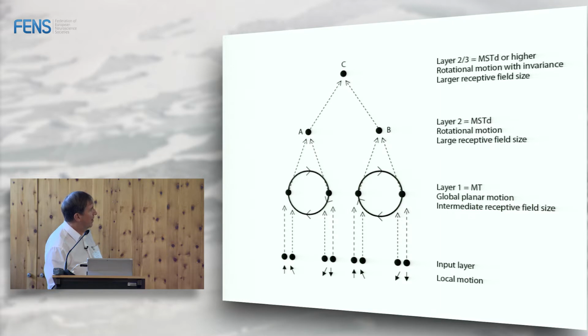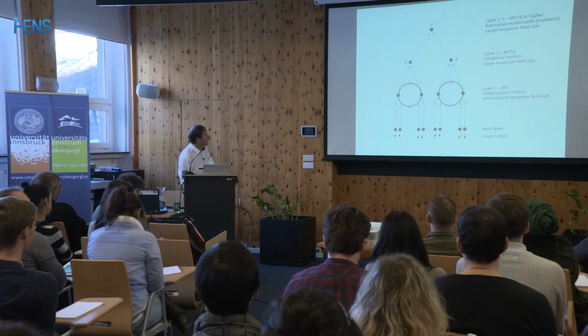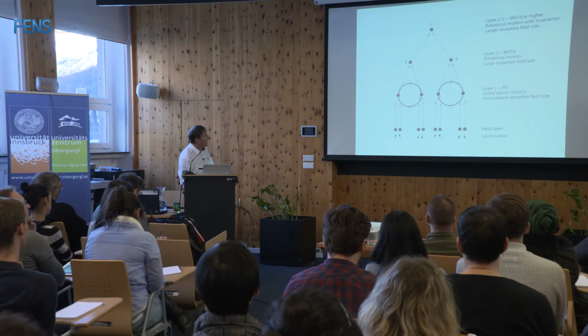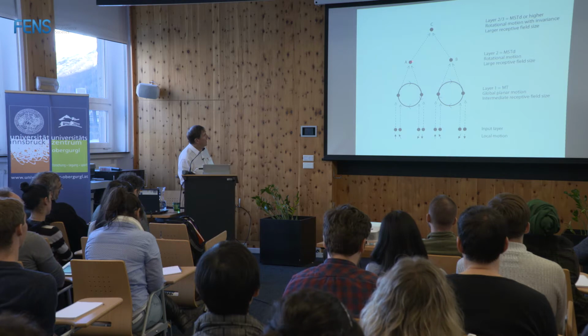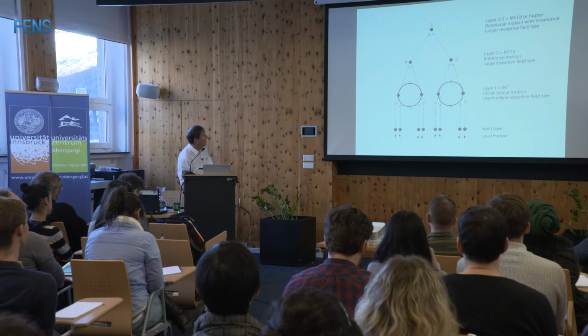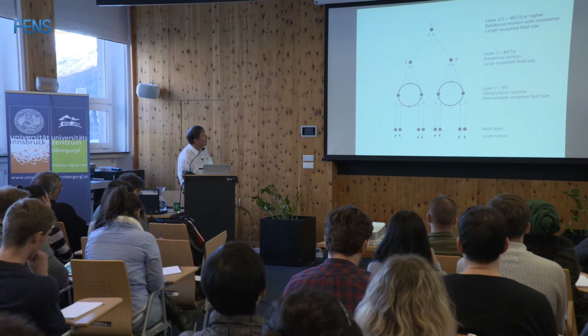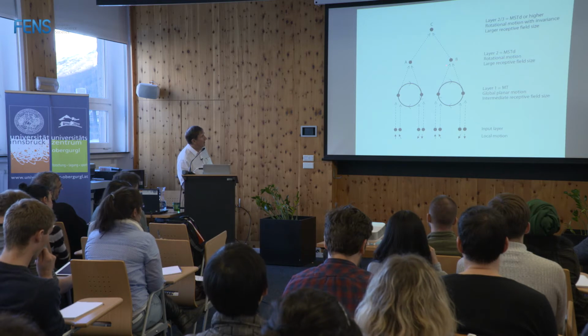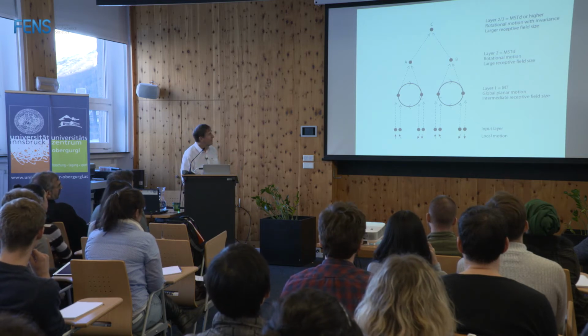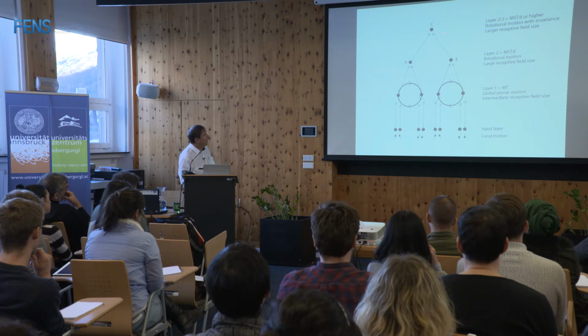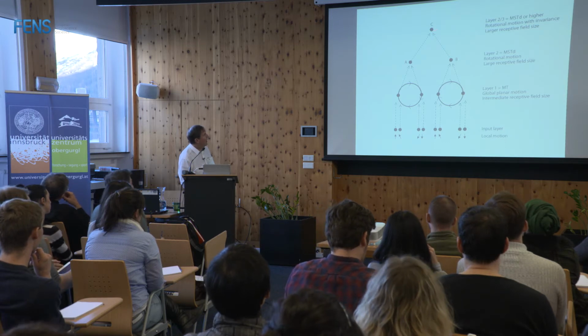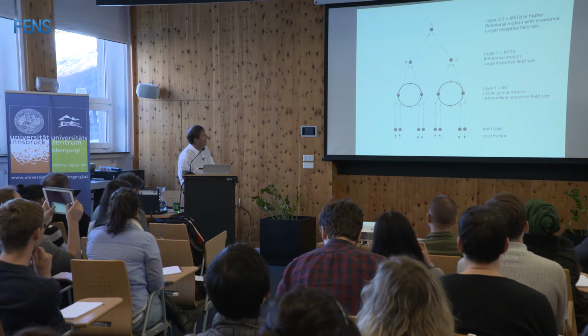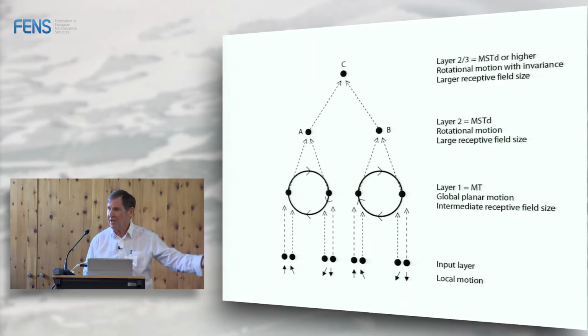But if I then put together that and that, up and down, I can form a neuron here at MSTD which responds to rotational motion, but for one location in space, and for another location in space here. Do you see? It's the VisNet principle of slow learning. And then if I put together in a next layer, MSTD or higher, this and this, I can do this invariantly with respect to position.